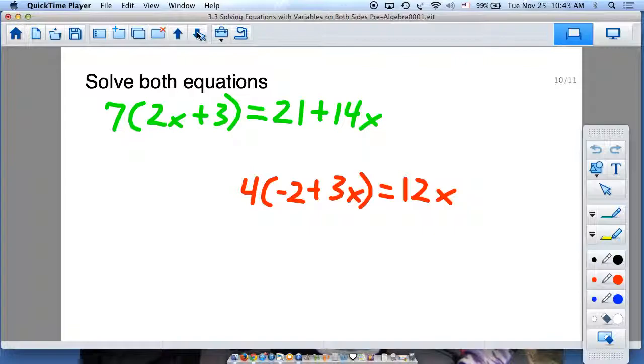You have two equations here. Give both of them a try, and I'm going to tell you one of them is no solution. One of them is all numbers. So give them a try and see which one is the all numbers and see which one has no solution.